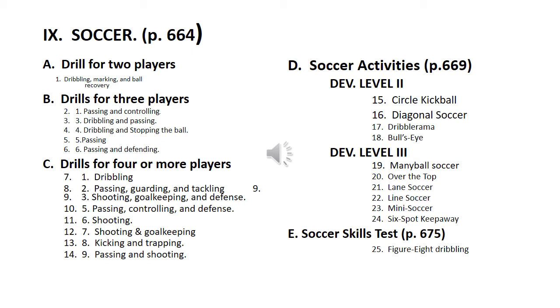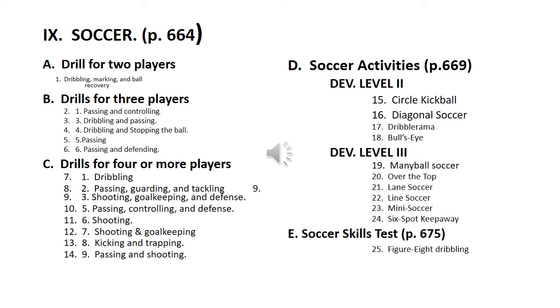Number 13 in class will teach number 8 in the book, kicking and trapping. No formation, no picture to be included. Number 14 will teach number 9, passing and shooting. There's definitely a diagram there that needs to be included. And that is it for drills for 4 or more players.